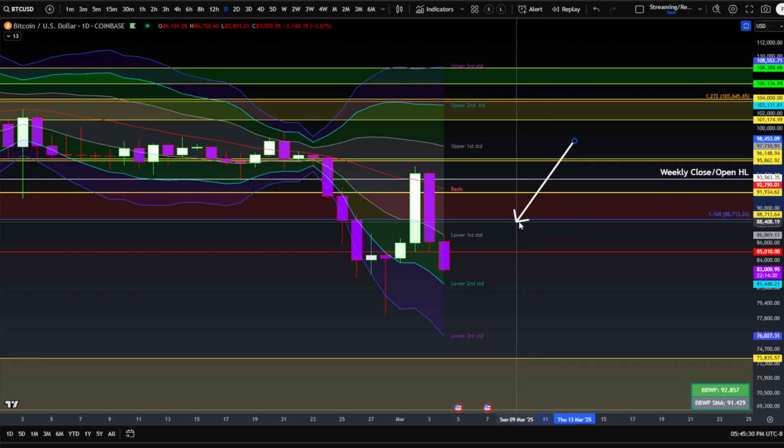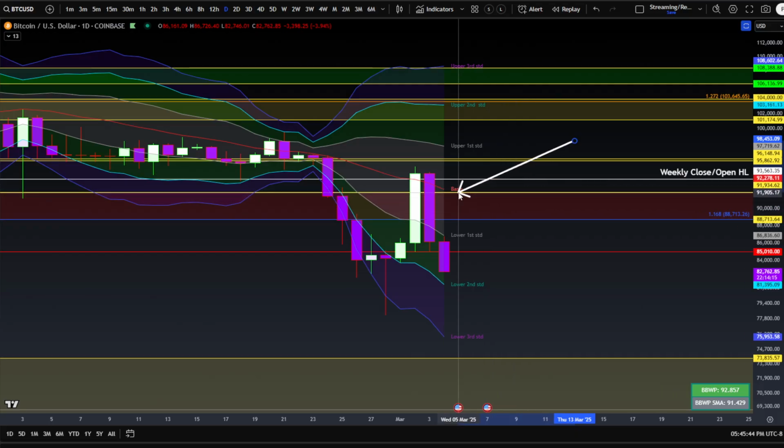Above there, we need to see closes above around $89,000, in this case $88,700 at the 1.168, to the $92,000 area here, and close above, hold this area as support. Basis band is coming in right there and right now.